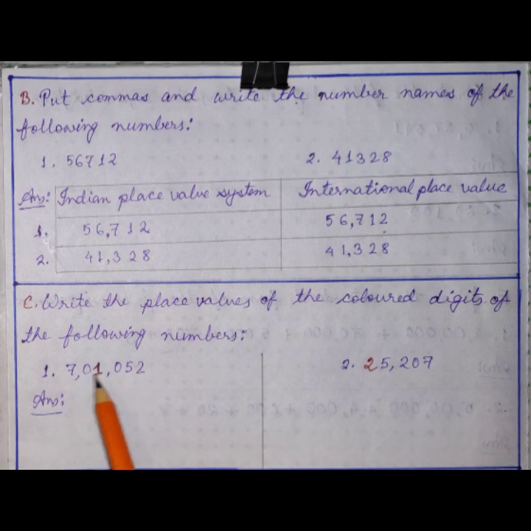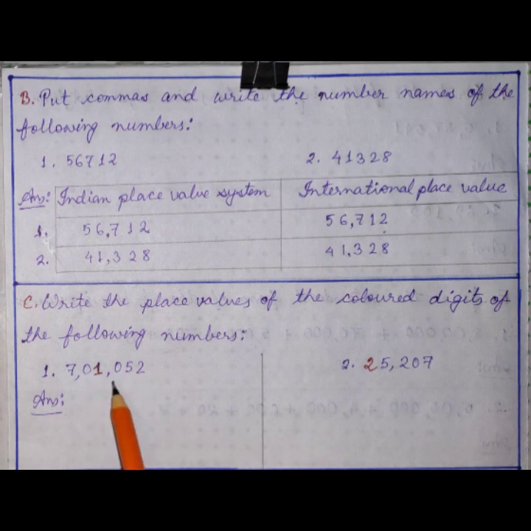Why? Because starting from the right side, the first comma is put after 3 digits, right? And the second comma is put after 2 digits only. Here after 3 digits, and here after 2 digits. This is the system we follow in the Indian place value system, right?